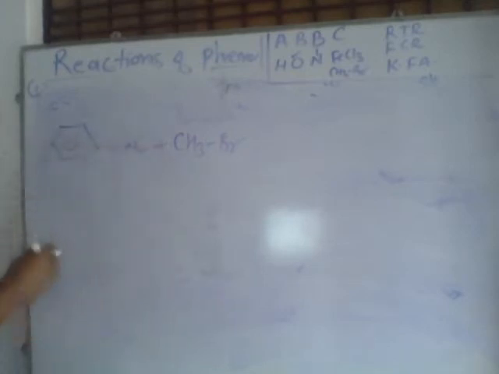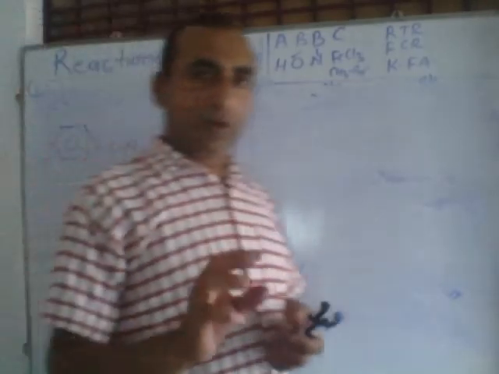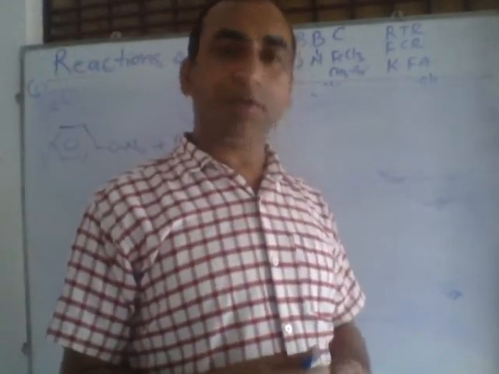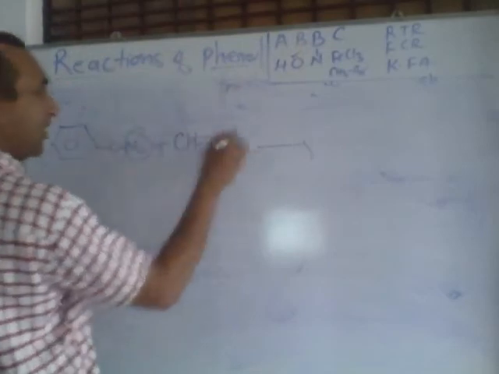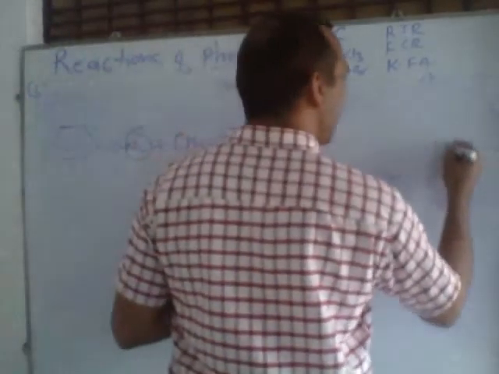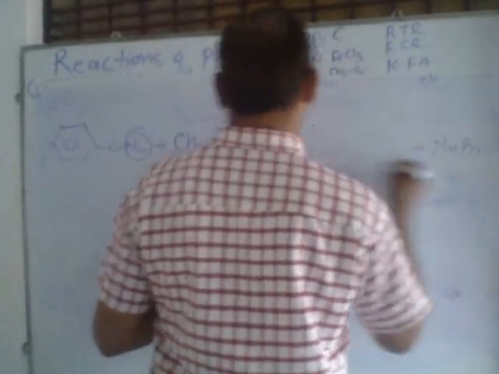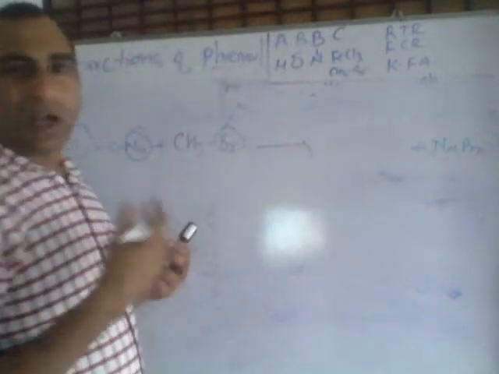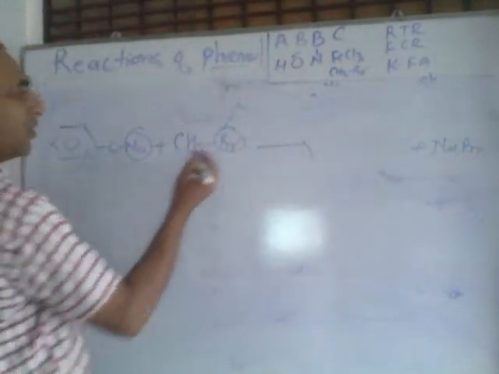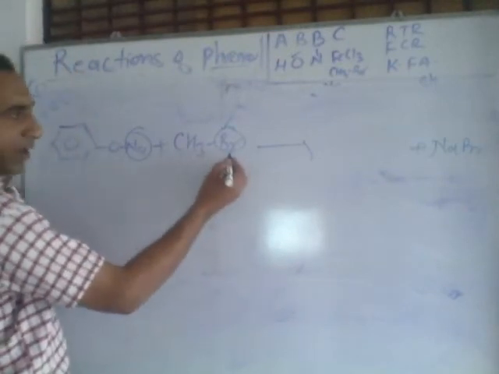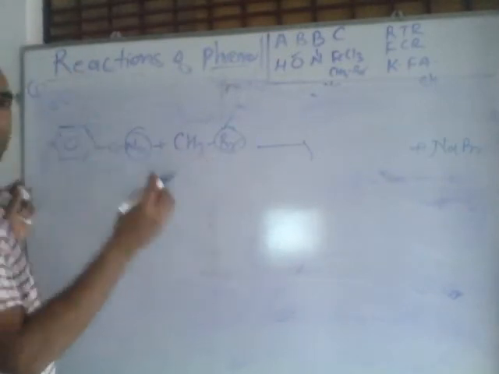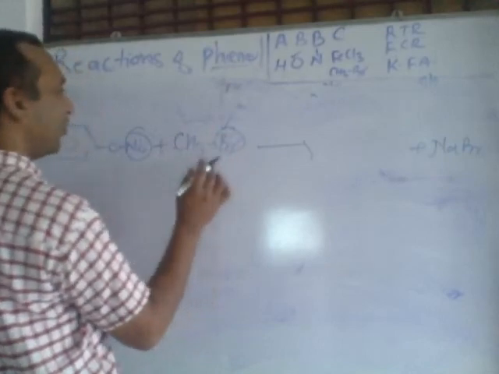This is sodium phenoxide. Phenol, first you treat with NaOH, it forms sodium phenoxide, and when sodium phenoxide is heated with this compound, sodium and Br are removed. You can use methyl, ethyl, otherwise methyl chloride, ethyl chloride, or you can also use bromo or iodo, but not fluorine.